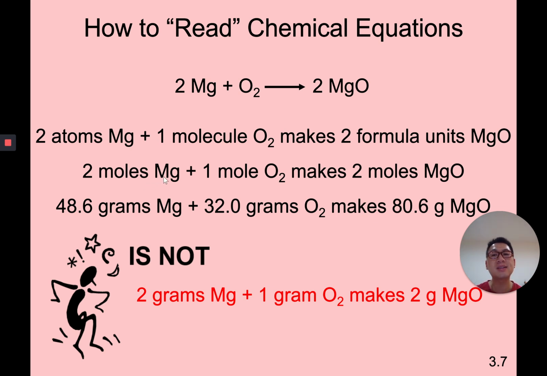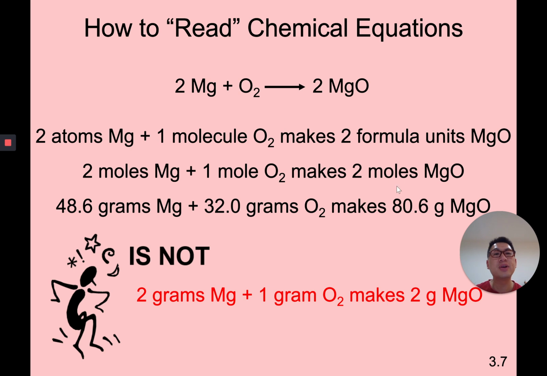Magnesium is 24.3, so 2 times 24.3 is 48.6. Oxygen on the periodic table is 16. This is O2, so 16 times 2 is 32. Magnesium again is 24.3, oxygen 16. Add that up and you get 40.3.